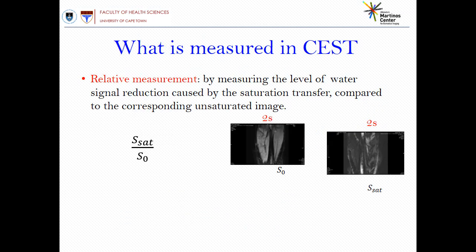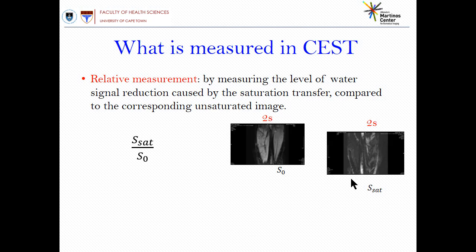So what's measured in CEST is a relative measurement. We acquire a signal without applying any saturation, and we acquire another signal by applying a long RF pulse to saturate specific molecules that we want to detect.